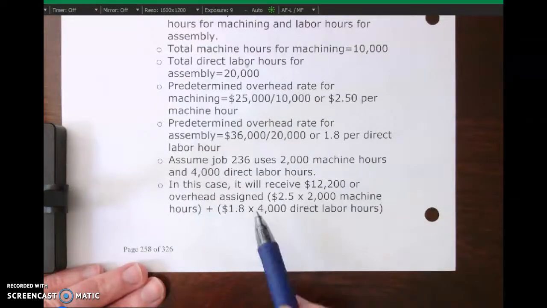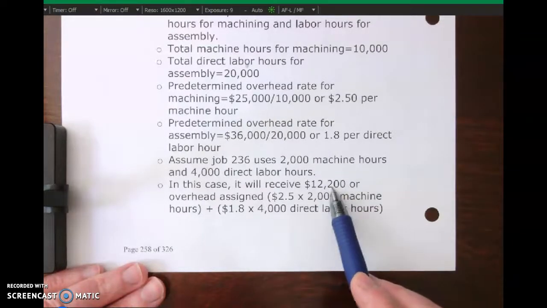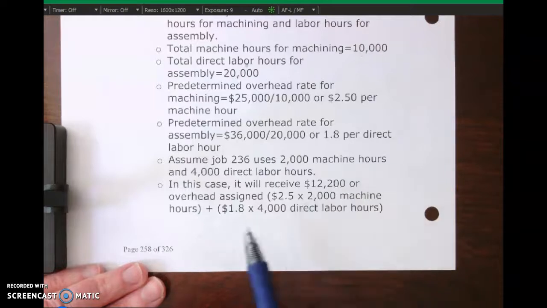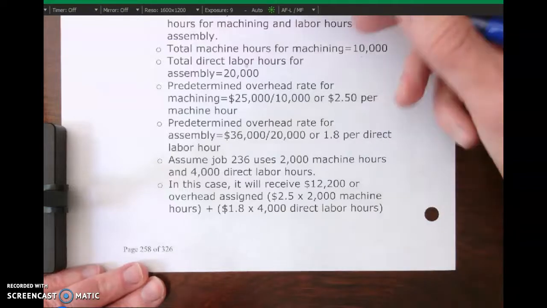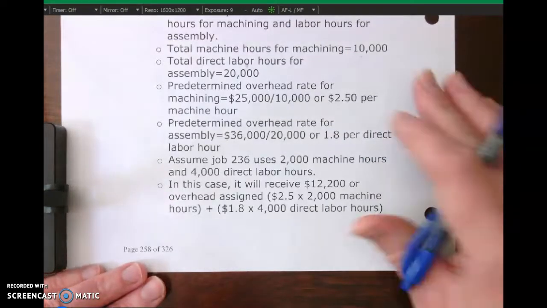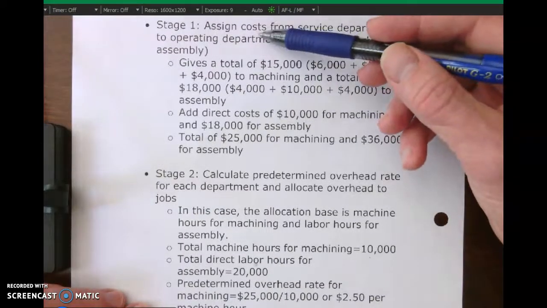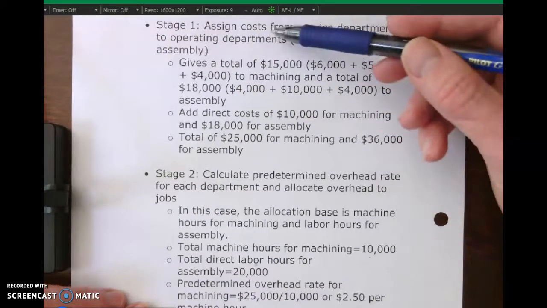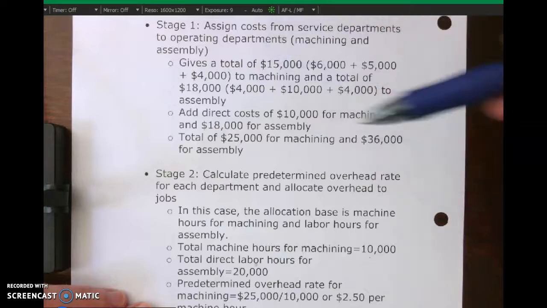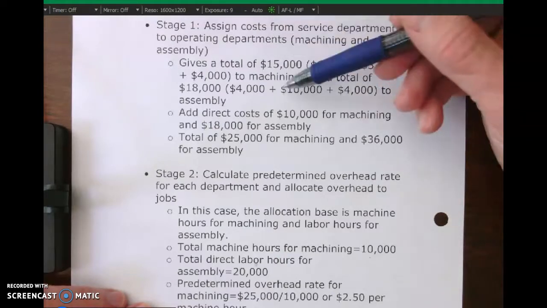That's $12,200 of overhead assigned: 2.5 times the 2,000 plus 1.8 times the 4,000 gives us that total overhead. So stage two is just like what we did back in job order costing, and then we add in stage one, which is new for this chapter, where we take those service department costs and push them to the operating departments, okay?